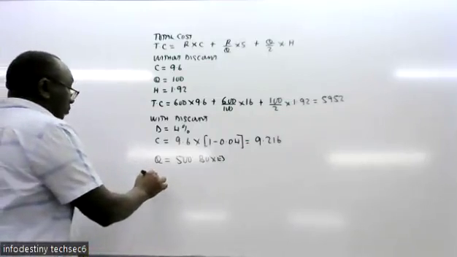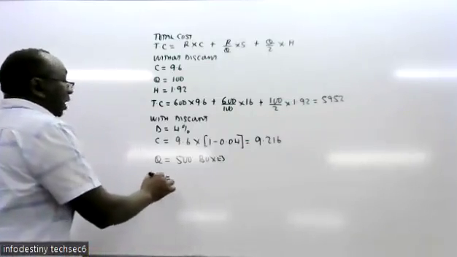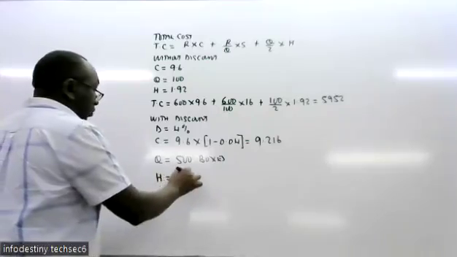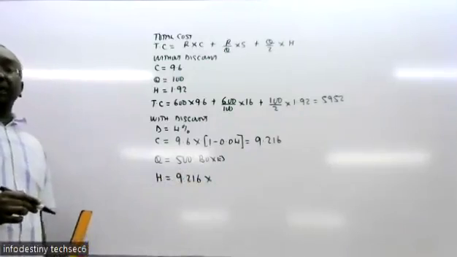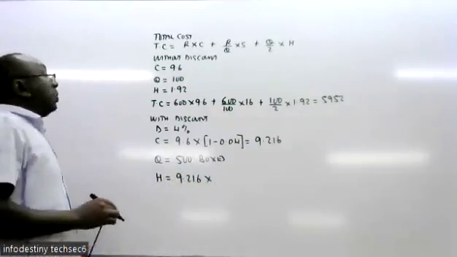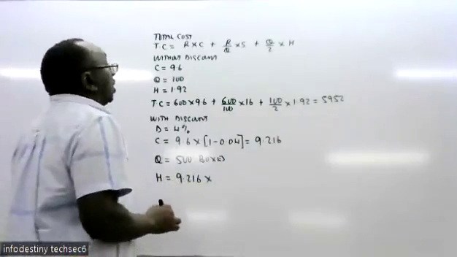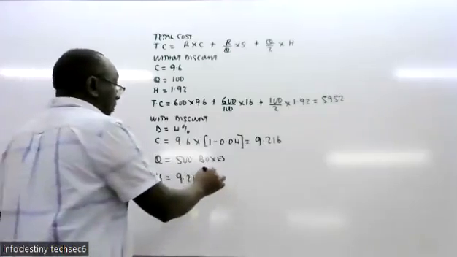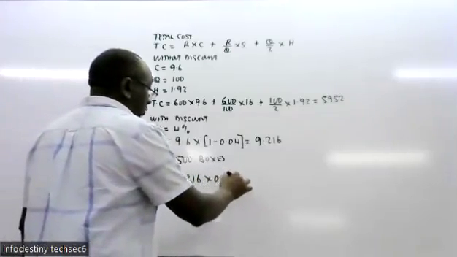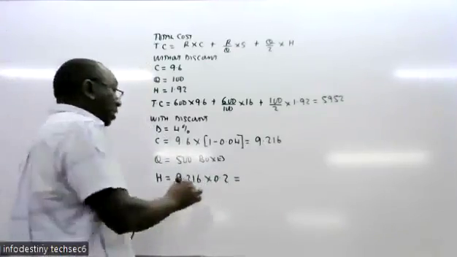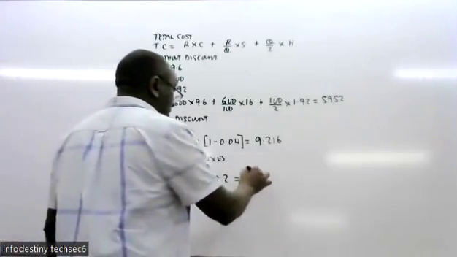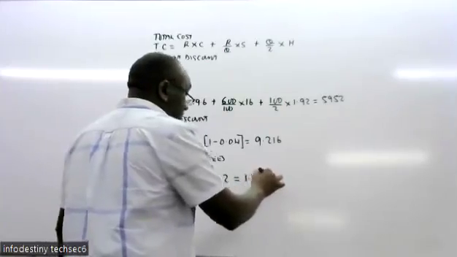Then, when it comes to H, it will be 9.216 multiplied by the cost of capital, which is 0.2. We have 1.8432.